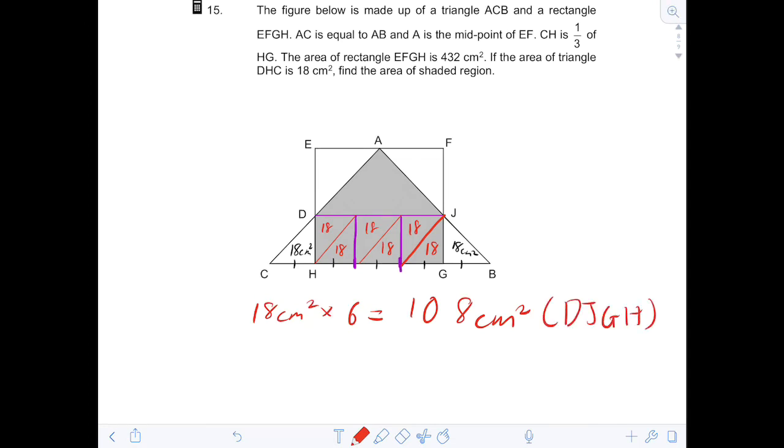Now if you want to find the area that's on top, the EDFG, you want to find this portion here. You know that the entire rectangle, EHGF, the bigger one, is 432.